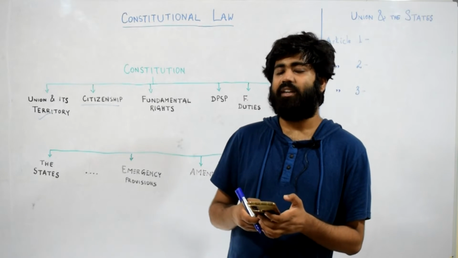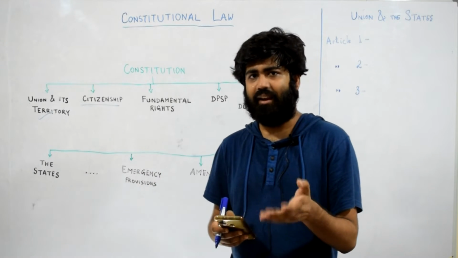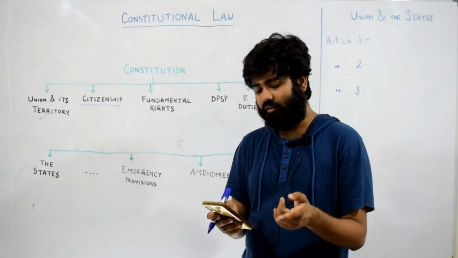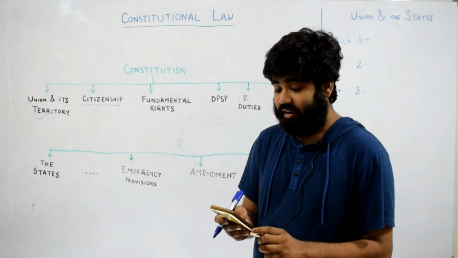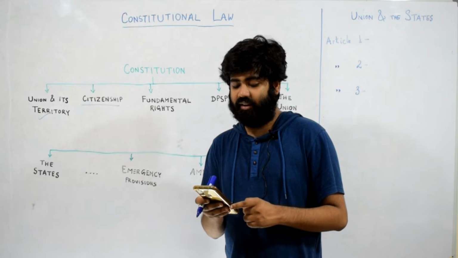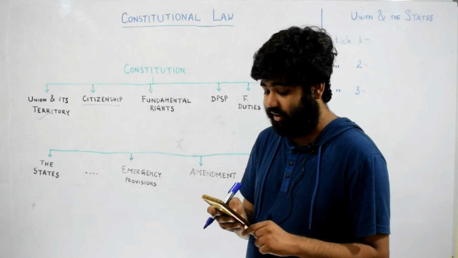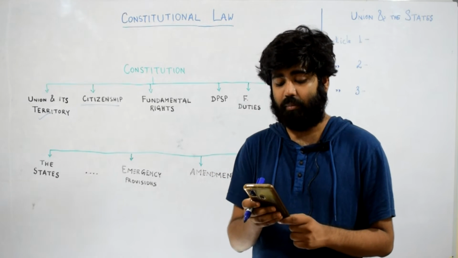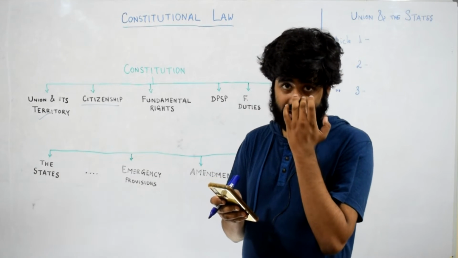So a person who migrates to the territory of Pakistan, even if fulfilling all the criteria in either 5 or 6, if you have migrated to Pakistan, you shall not be a citizen of India. Provided that nothing shall apply to a person who, after having so migrated to the territory now included in Pakistan, has again returned to the territory of India under a permit for resettlement or permanent return issued by the authorities before the 19th of July 1948.